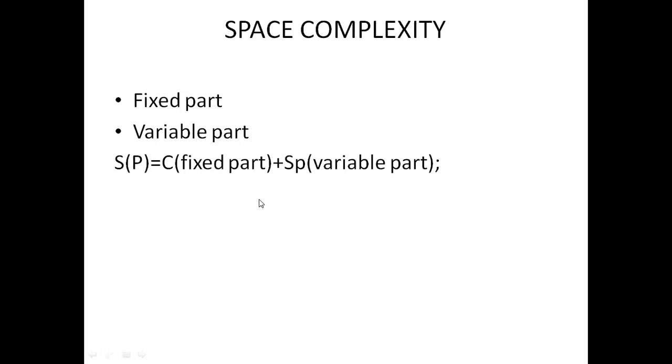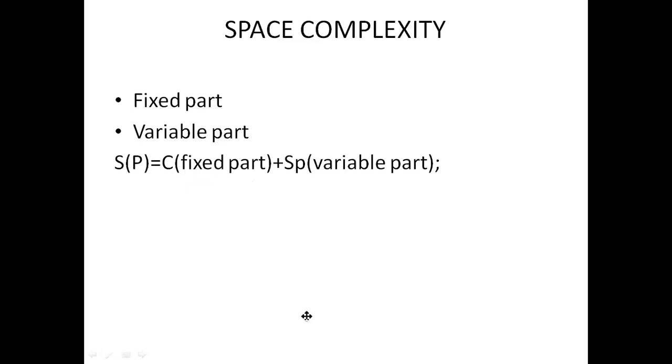So what does space complexity mean? The space complexity of an algorithm is the amount of memory it needs to run to completion. It is calculated by S(P) equal to C plus S_P, where C means the fixed part and S_P means the variable part.